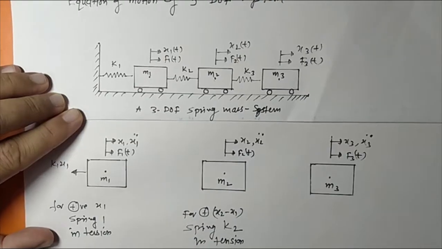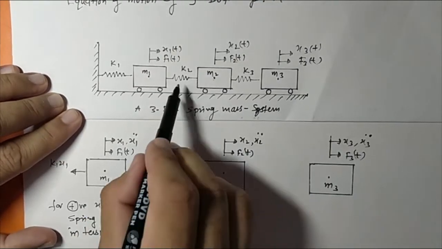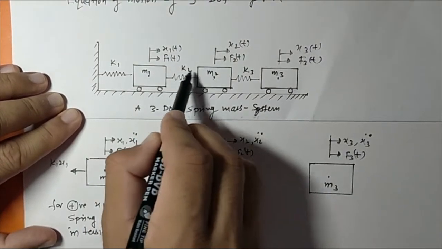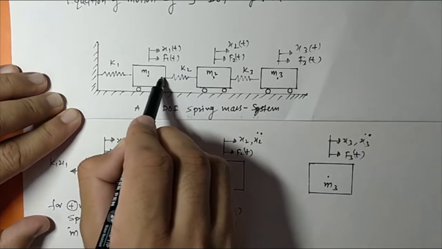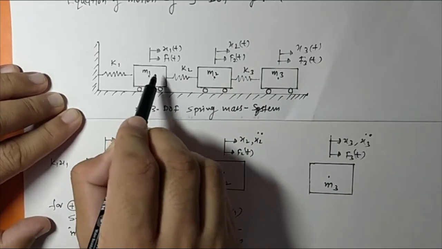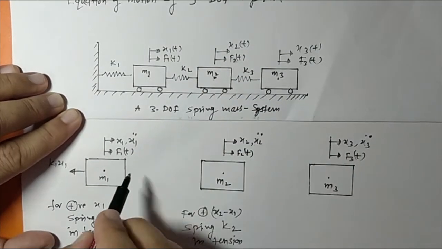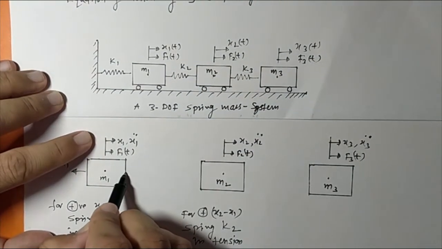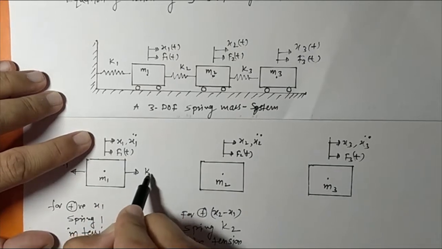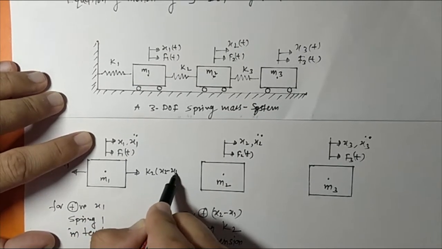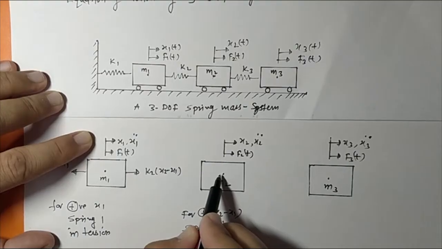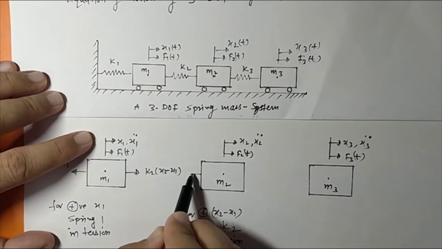So if the spring k2 is in tension, then this will exert a force k2(x2 minus x1) in the rightward direction on mass m1 and in the leftward direction on mass m2. So we'll represent this force k2(x2 minus x1), and on mass m2 this force would be in this direction.